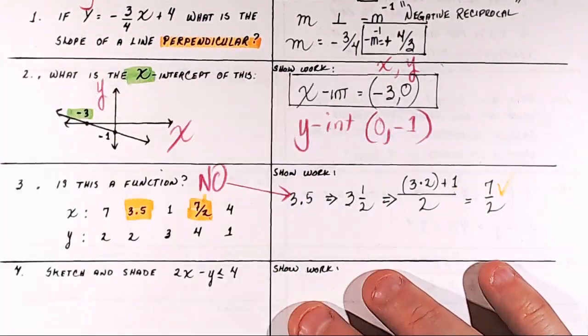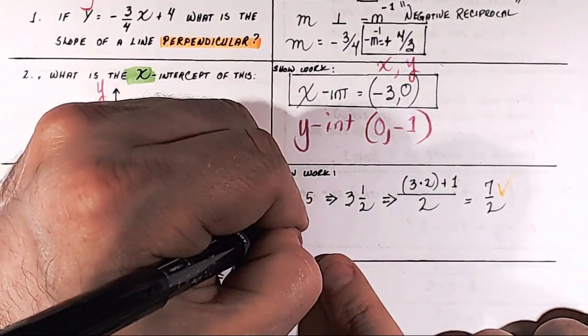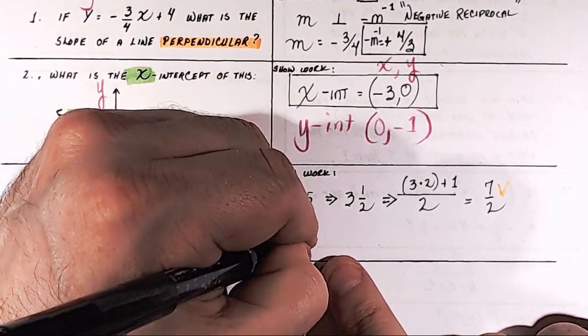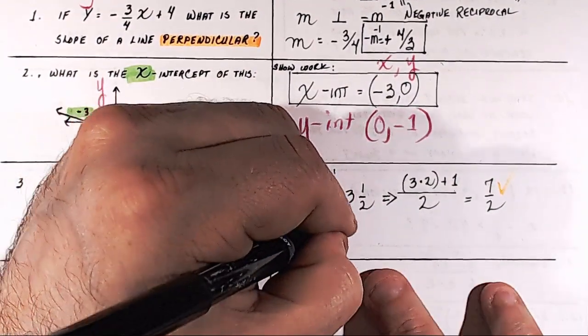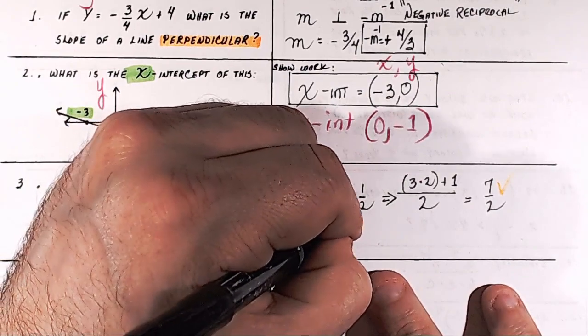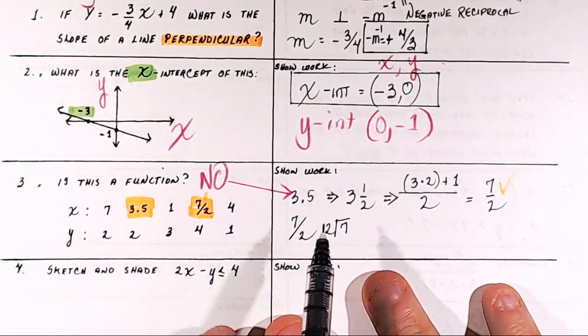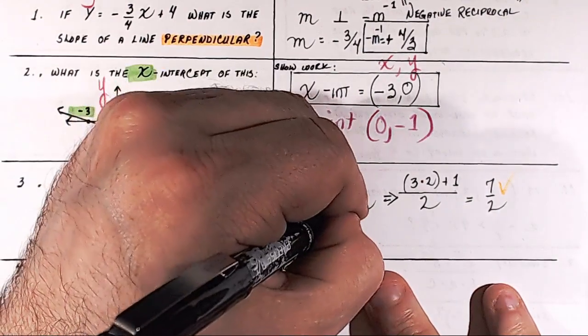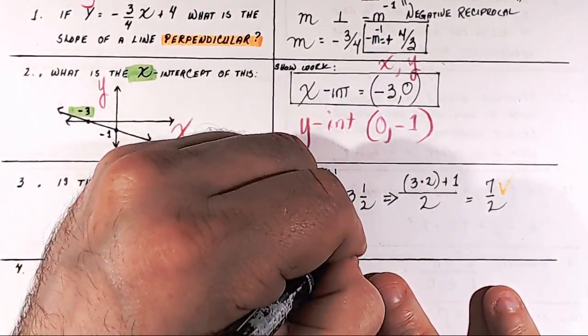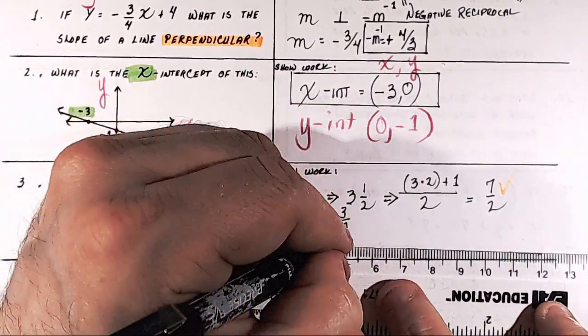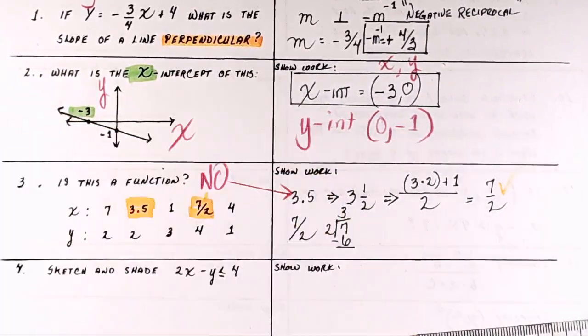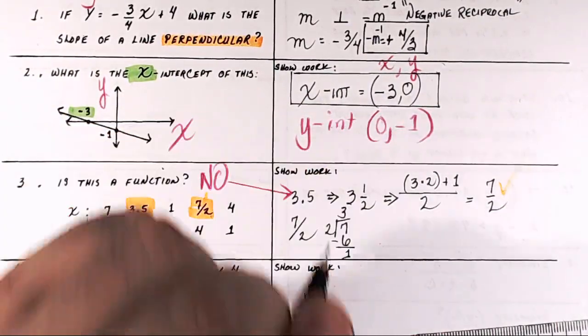So let's convert 7/2 to a decimal. So if you had started from the other direction, 7/2. So what we would do is we would take 7 and divide by 2, kind of like longhand division. And 2 goes into 7 3 times. 3 times 2 is 6, right? And so we're going to subtract. 7 minus 6 is 1.